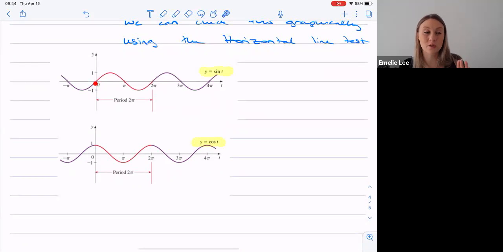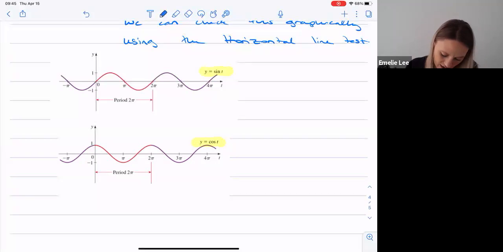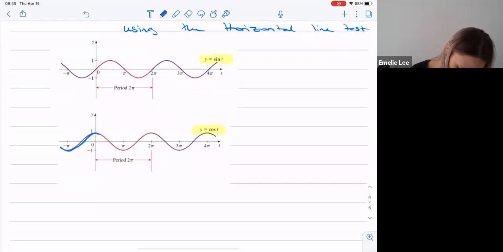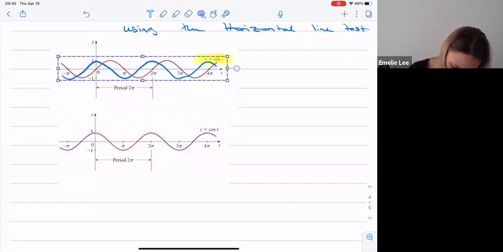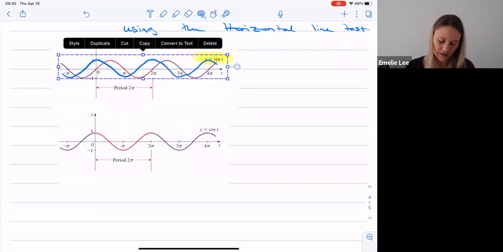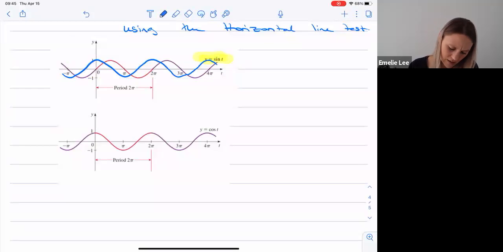Remember, sine starts at 0, 0, unless there's been a horizontal shift, that's fine. But in general, sine starts here at 0, 0, and cosine starts up top here at 0, 1. How I remember them, if I have them on the same graph, right? If I put these on an overlapping graph like this, then here, this is the cosine of t.